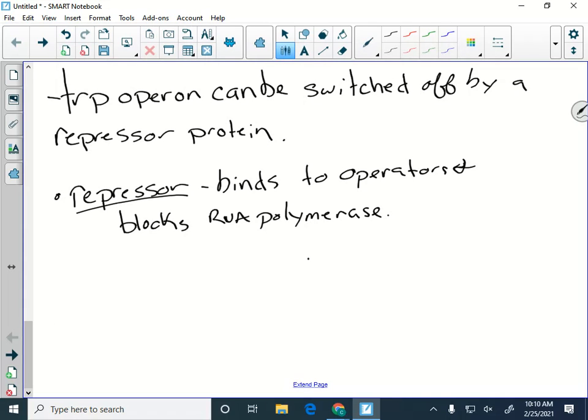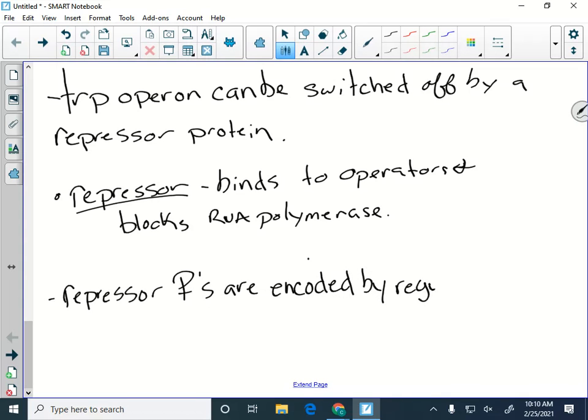The repressors are proteins, right? Because the repressor is a protein, it needs to be coded for by a gene. So a repressor protein is encoded by something called a regulatory gene.